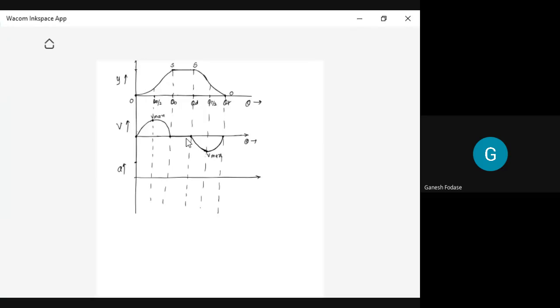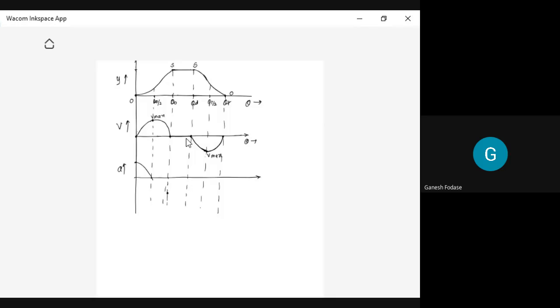At half, how much is it? 0. And again at theta o, it is maximum, but in the opposite direction. So it is here somewhere. And as you know, the equation is cosine here, I have to draw it by a cosine curve. Hence, the nature of the graph is like this.